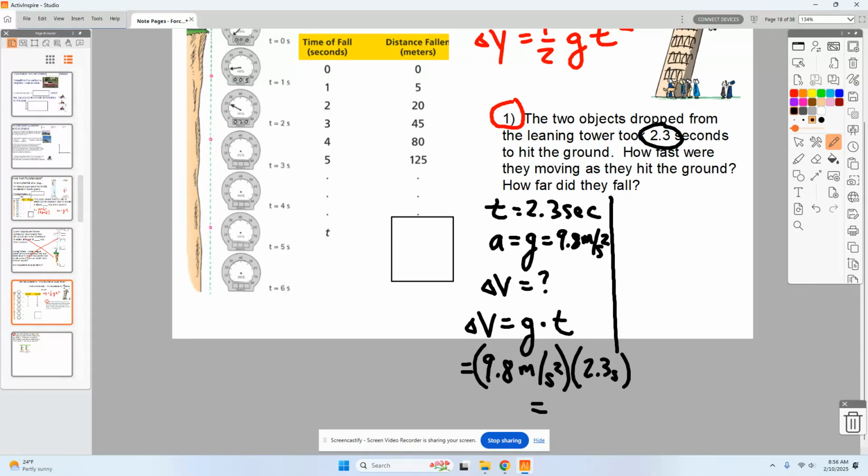I have calculators for the egg drop project. When you're doing this, you're going to use a calculator, your Chromebook, whatever, but you need to be able to do this kind of calculation. So 9.8 multiplied by 2.3 gives me about 22.5. And that speed would work out to be meters per second.